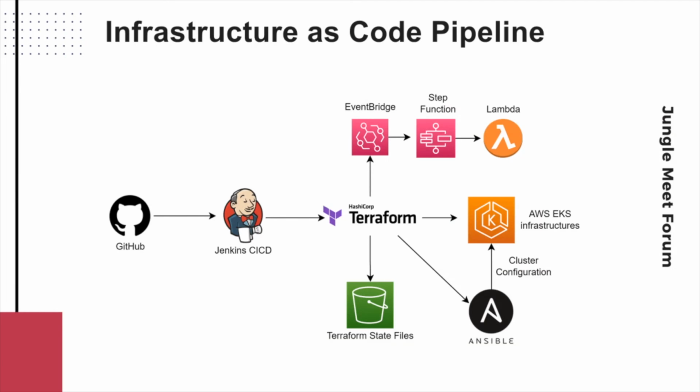We then configured the EKS cluster with Ansible to add features like Nginx ingress controller, network balancer, Prometheus for monitoring, EFK for logging, etc. Which brings us to the next topic, monitoring and logging.